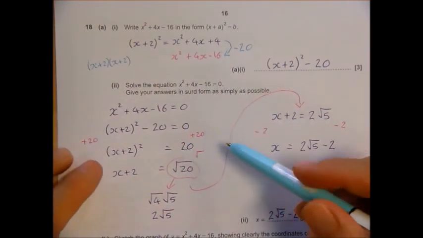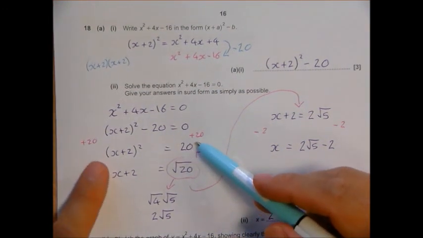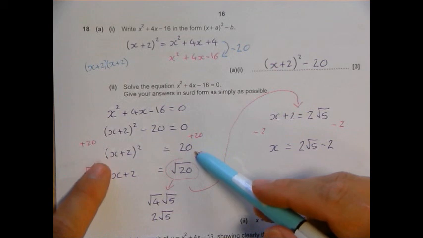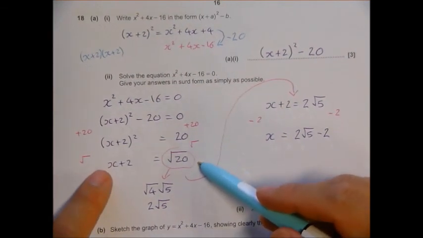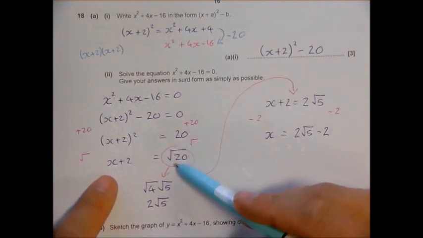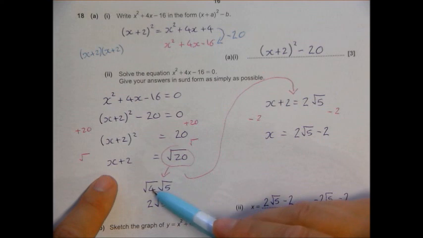Now we can start to solve it. What I've done is I've added on 20 to both sides, which hopefully you can see there. I then square rooted both sides because I want to undo this squaring. So you've got x plus 2 equals root 20. Root 20 is root 4 root 5. And the square root of 4 is 2, so it's 2 root 5.